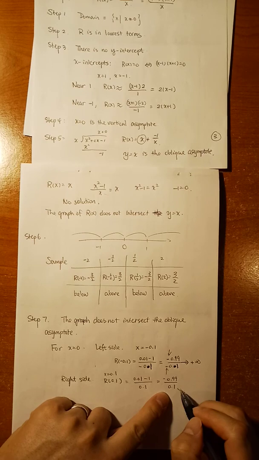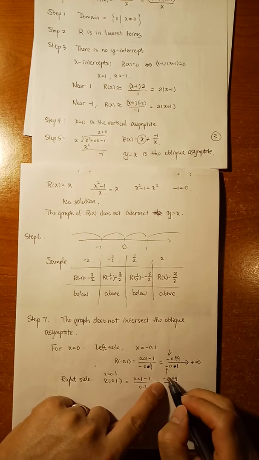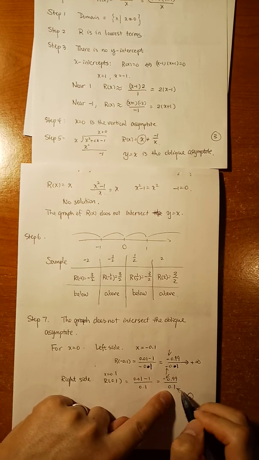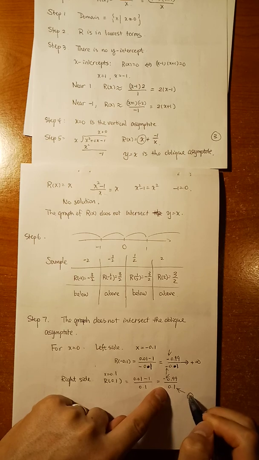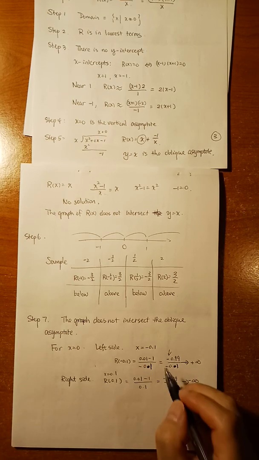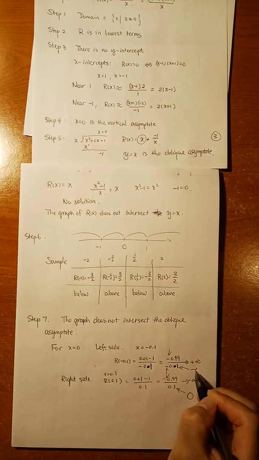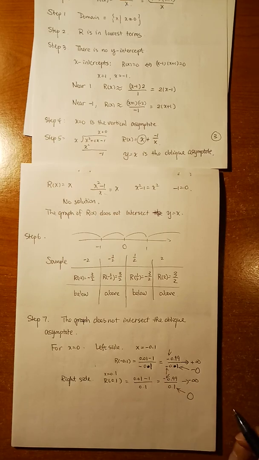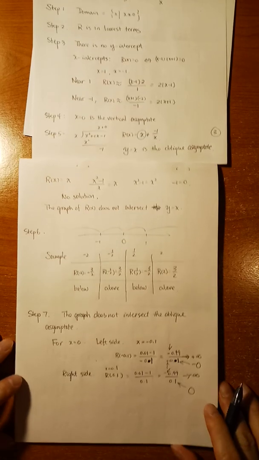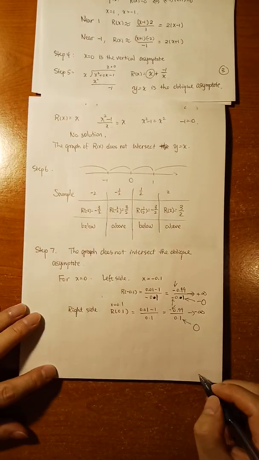Okay, this is positive. This is negative. A negative number over a small positive number is negative infinity. Okay, so this is positive infinity on the left, this is negative infinity on the right.